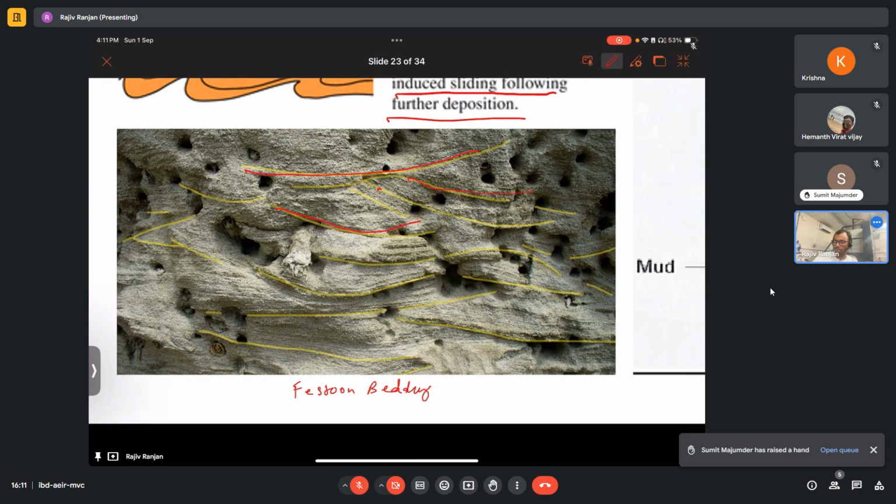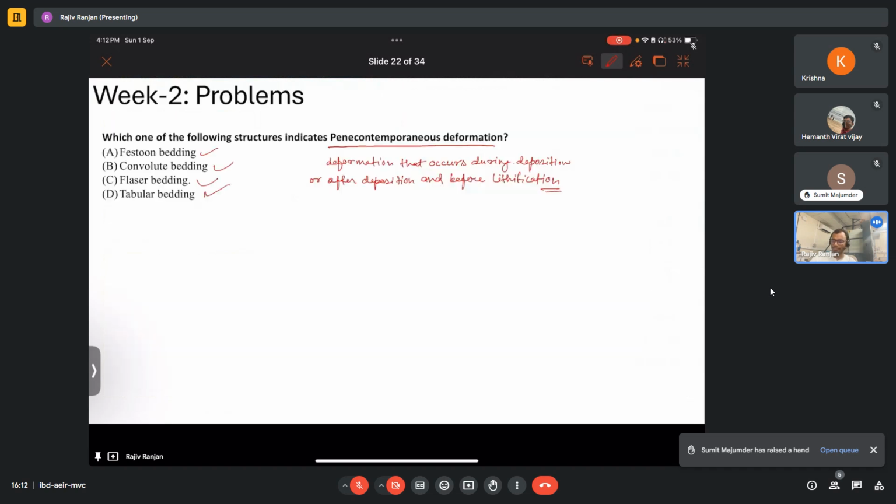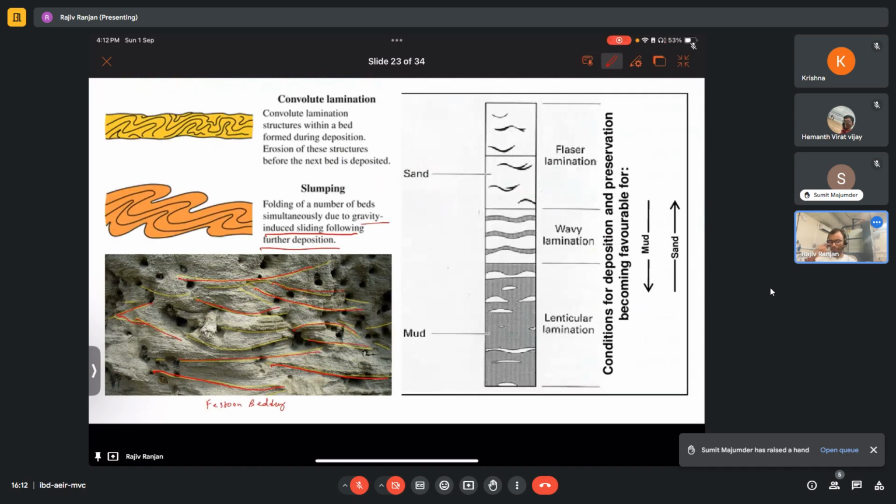It is random, everything is random. This is also random. So this trough cross bedding has no particular alignment of the cross beddings.